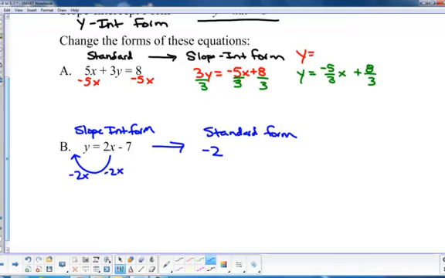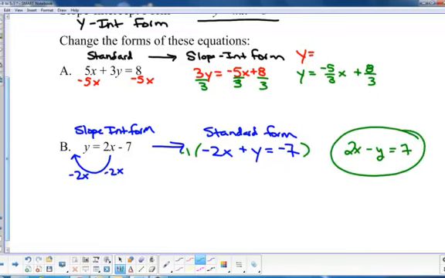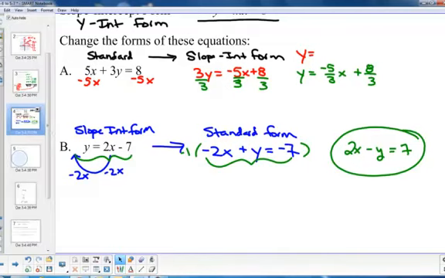So we have negative 2x plus y equals negative 7. And we don't want that negative in front of the x, so we're going to multiply the whole thing by a negative. So our proper standard form is 2x minus y equals 7. So this equation is the same exact thing as this equation, which is the same exact thing as this equation. All of these lines would lie directly on top of each other. Same table, same graph, same everything.